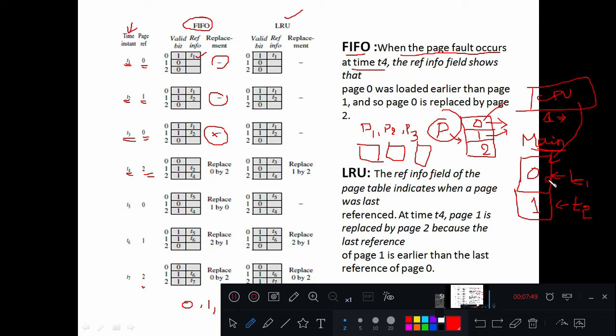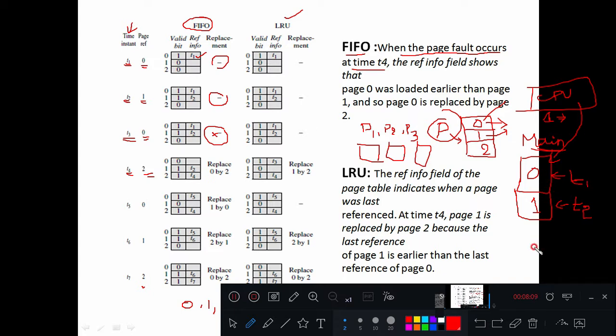Now at time T4 the page referred is going to be 2, right? So that page is not there in the main memory. In this case the page replacement or page fault occurs. So what happens here? The virtual memory manager is going to replace one of these two pages from the main memory.